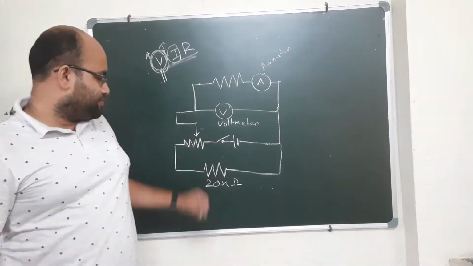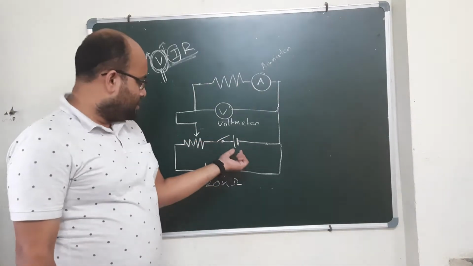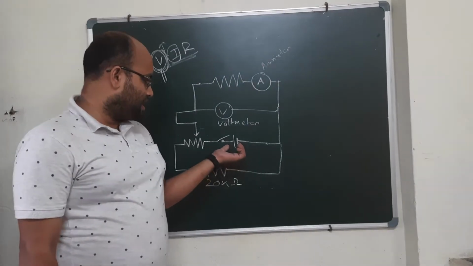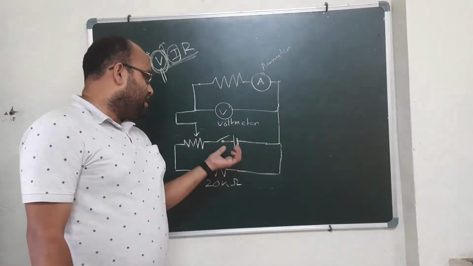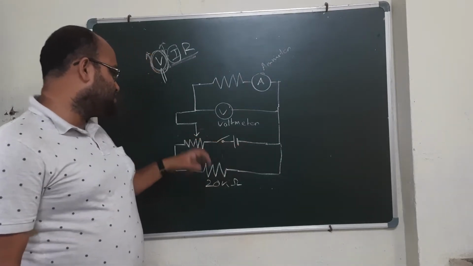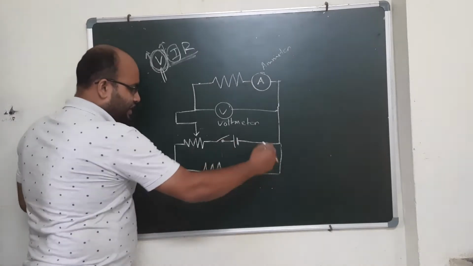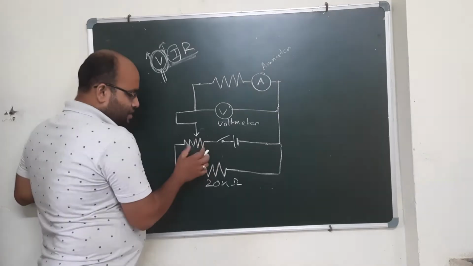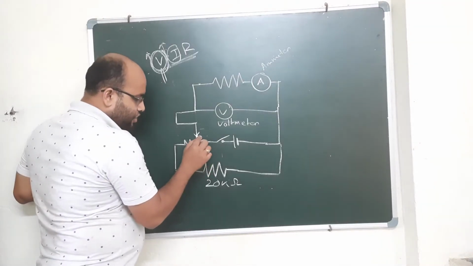So now here we have a circuit, we have an EMF or a cell over here that is giving us some EMF, and if you turn on the circuit, there will be a current flowing through this circuit, and so there will be a potential drop across this resistance.